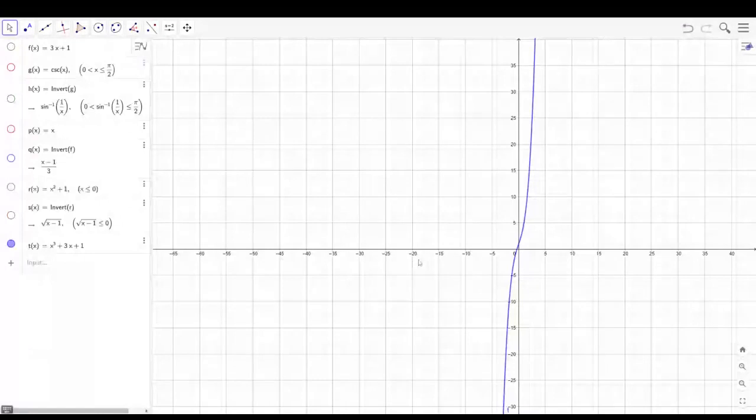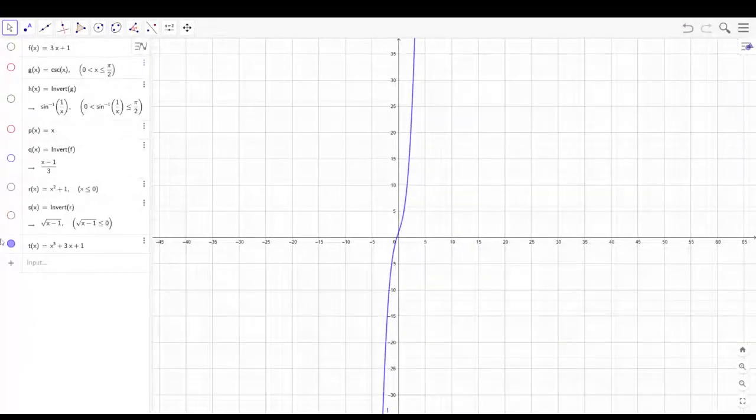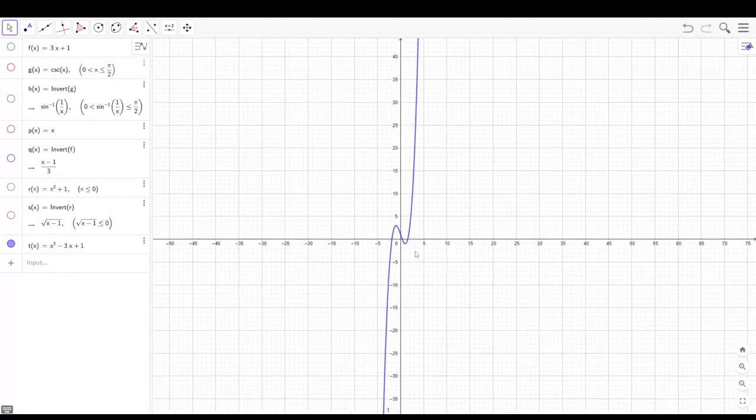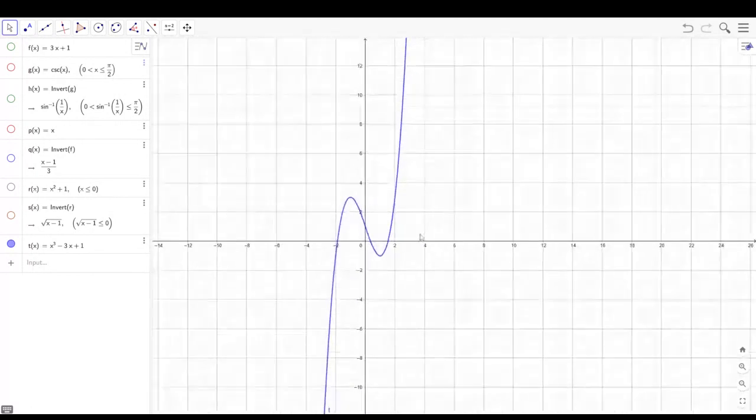Okay, so that was our previous function. Now let's make a small change. Bam. Okay. So we've made a small change.